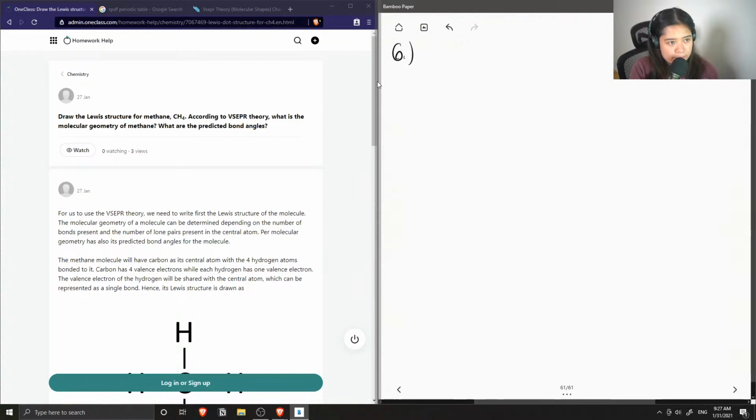Okay, so when writing out the Lewis structure, we first need to calculate the total number of valence electrons. Carbon has 4 valence electrons, and hydrogen has 1.